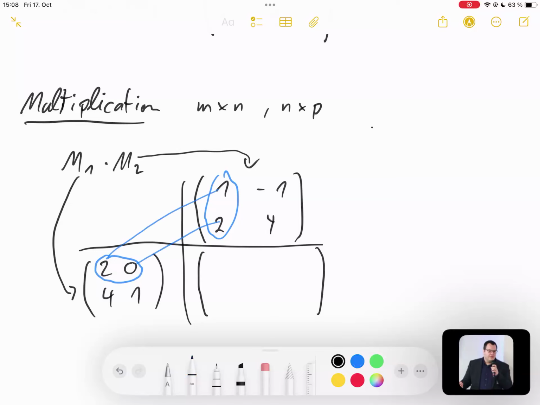So 2 times 1 plus 0 times 2, so it's just 2. This is the result here. Then I can also do this for the next row. So it's 4 times 1 plus 1 times 2. This is 6. And you can just continue and try to calculate the next two entries of our result matrix.